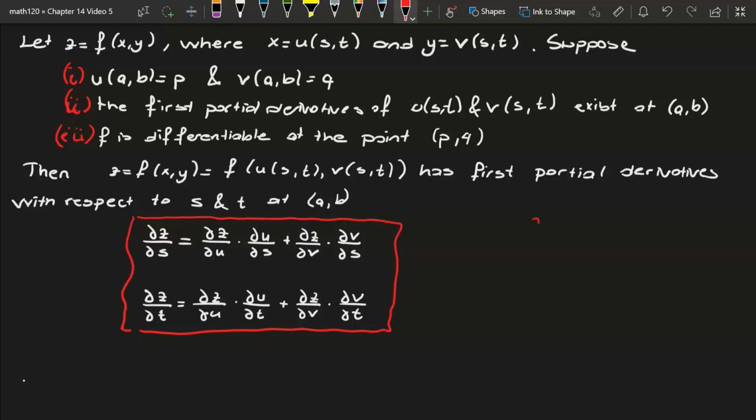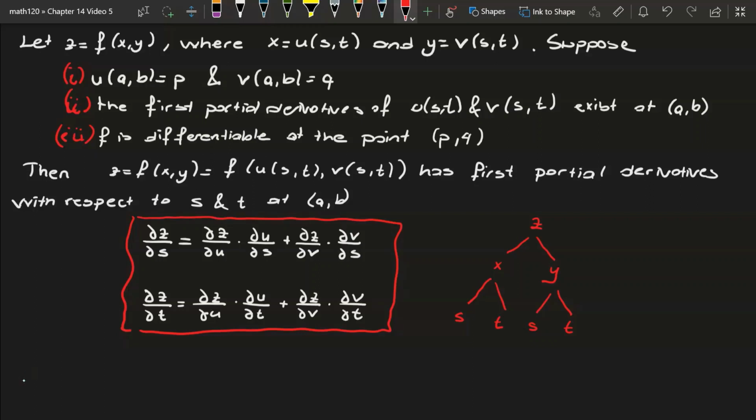You have a function z depending on x and y. x and y are functions depending on s and t. So you see z depends on s and t.